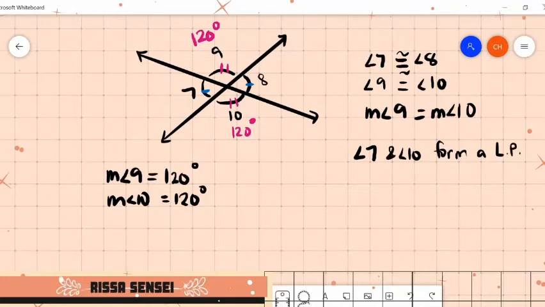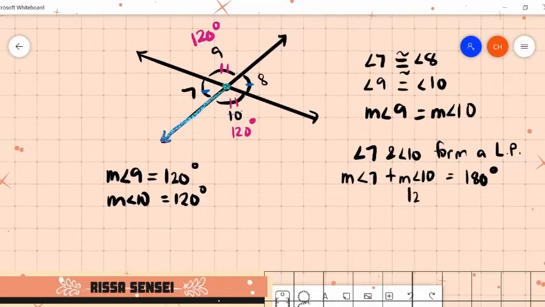They have a common endpoint, common ray, they are adjacent, and supplementary. So, since they form a linear pair, supplementary sila. Anong mangyayari? Yung sum ng angle 7 and angle 10 will be equal to 180 degrees.